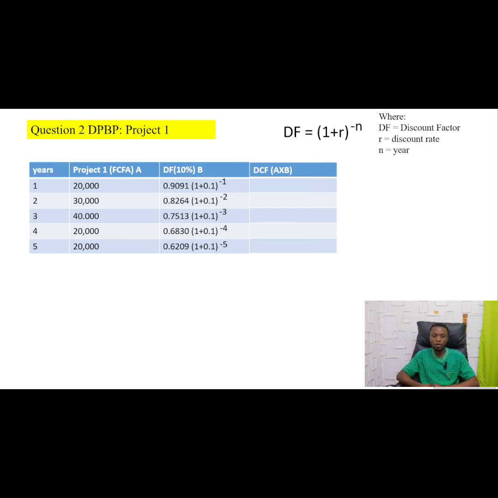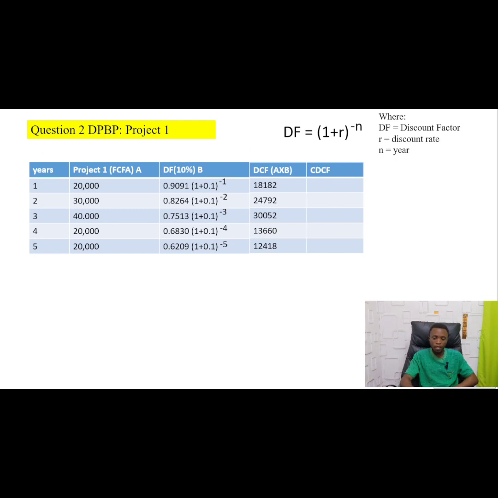If you look at the table, we have denoted the cash flow as A and the discount factor as B, so that is 20,000 francs times 0.9091, which will give us 18,182. Now we go to the next one. We take 30,000 multiplied by 0.8264, which gives us that amount. We'll do the same for the third, the fourth, and the fifth.